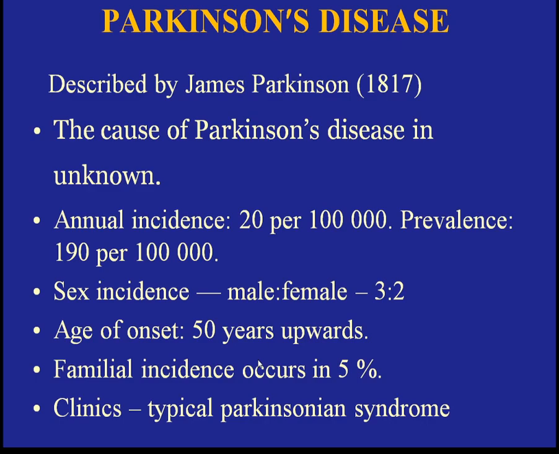Some words about typical Parkinson's disease. Described by James Parkinson in 1817, he published an essay about shaken palsy. In this essay, he described 6 patients with typical Parkinsonian picture, and he was one of these 6.